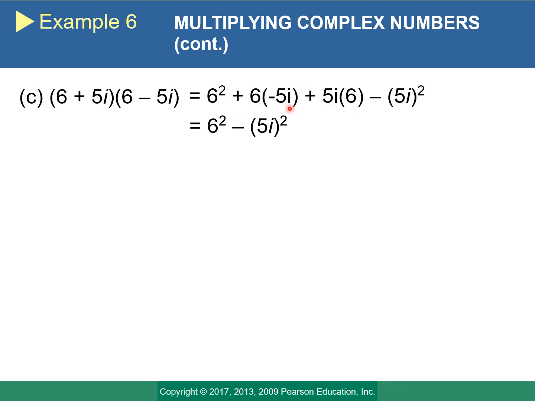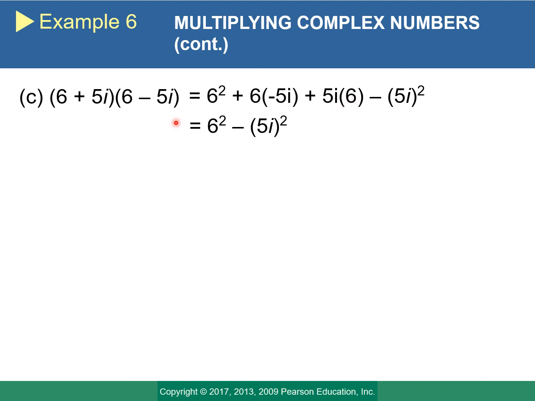The 2 terms in the middle, whenever you multiply like this, they're going to add up to 0. Okay, so here's what I'm talking about. Whenever you're multiplying a binomial times the same binomial, but the sign in the middle switched, so notice this was a plus, and this one was a minus, but other than that, everything was the same, the 2 terms in the middle will add up to 0.